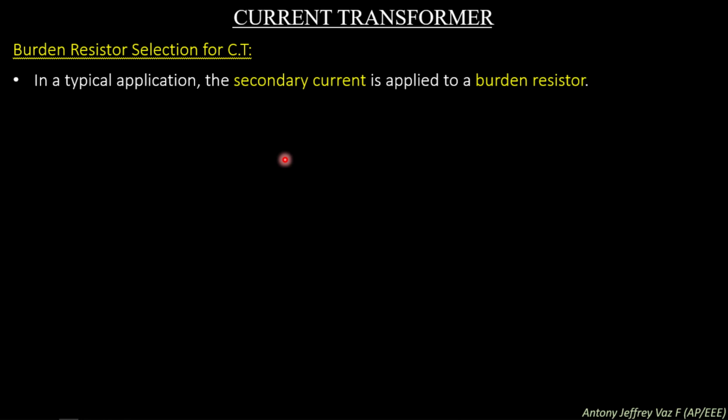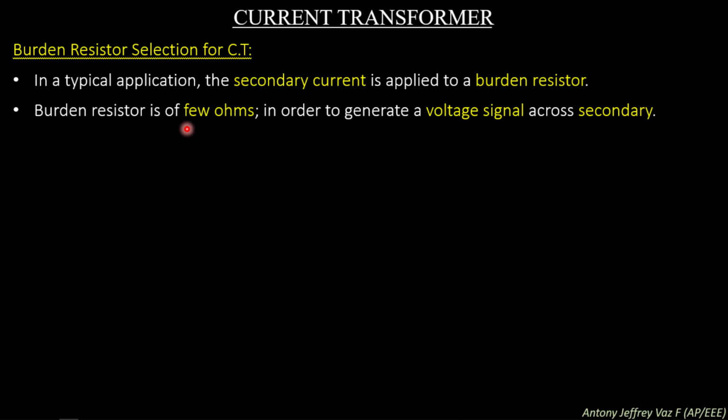In a typical application, the secondary current is applied to a burden resistor. The burden resistor is a few ohms, in order to generate a voltage signal across the secondary. In all cases, the current signal should be converted into a voltage signal. So in all current transformers, a burden resistor will be connected to the secondary.